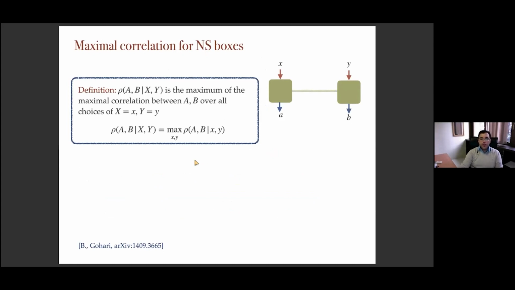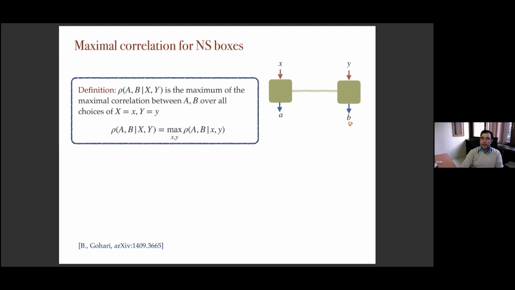And this is my measure of non-locality. Suppose this is my box with input x and output a and b. I define my measure of non-locality in terms of the maximum correlation that I had before. So I define a maximum correlation for non-signaling boxes, and the definition is of this form. I choose a value of x and y.